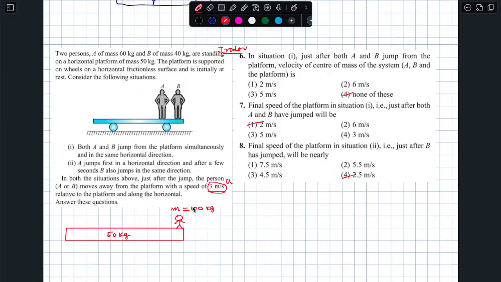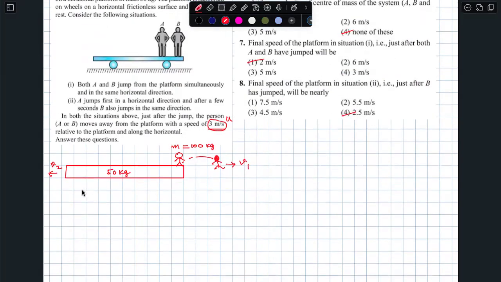This is what we can consider because both are jumping simultaneously. Before jumping, everything is at rest. After jumping, assume that the person has some velocity V1 and the plank thereafter will have velocity V2.